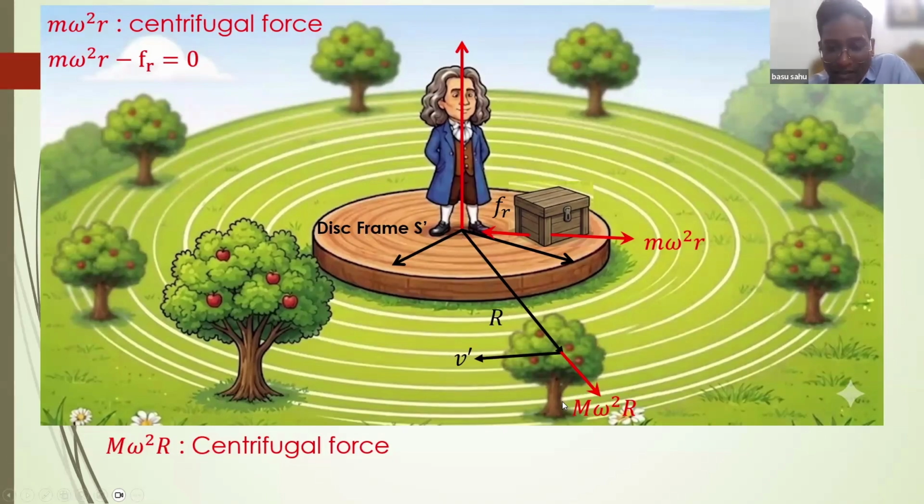But you can see here the force is outward. But as per our understanding, the centripetal force should be towards the center, right? So where is the problem? What am I doing wrong? Can anybody tell me? Sir, it should be towards the center.